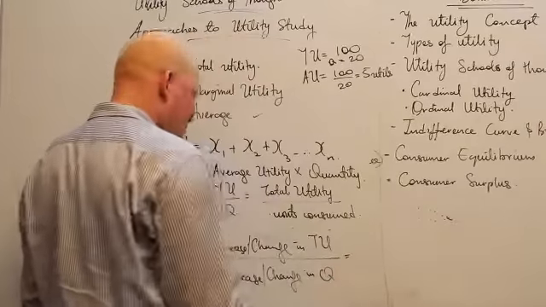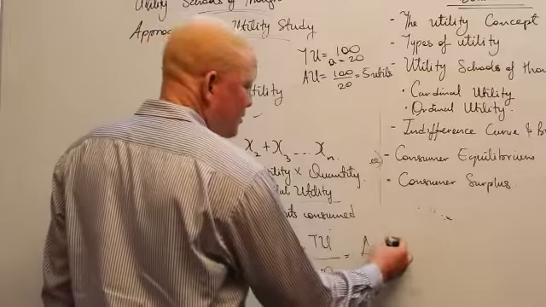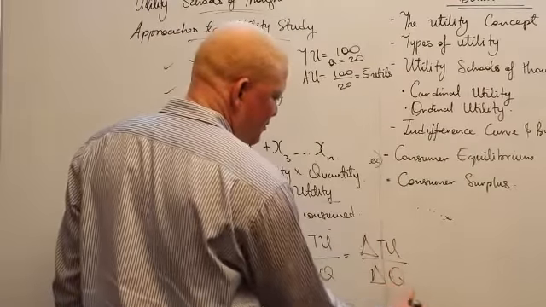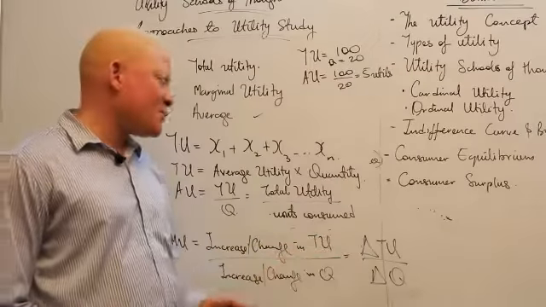In short form, write it in this way: change in TU over change in Q, where Q, of course, refers to the units consumed.